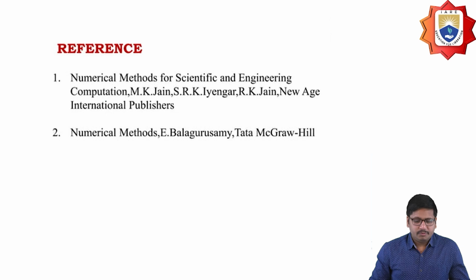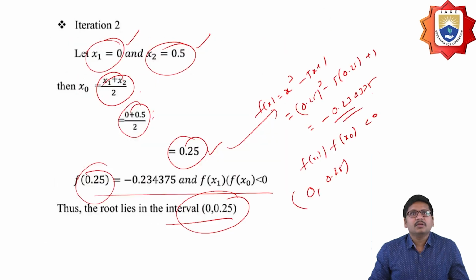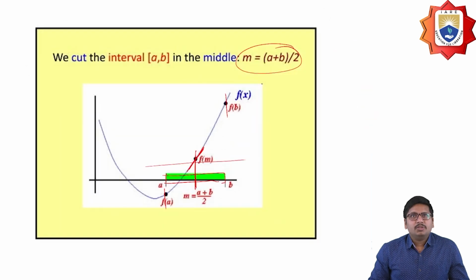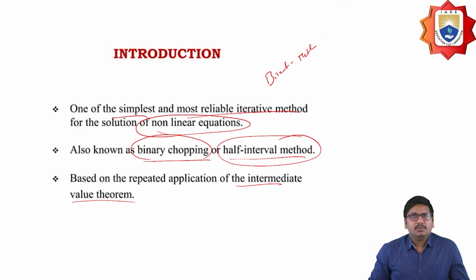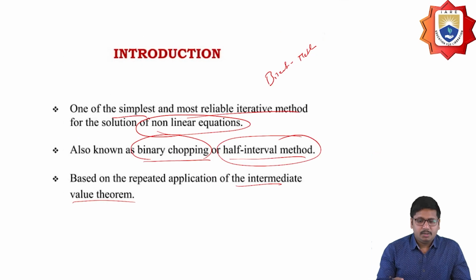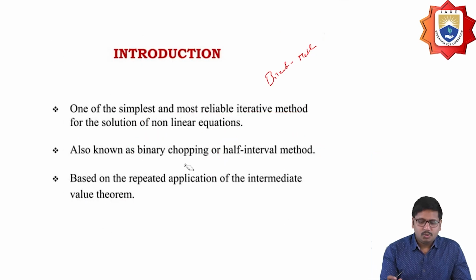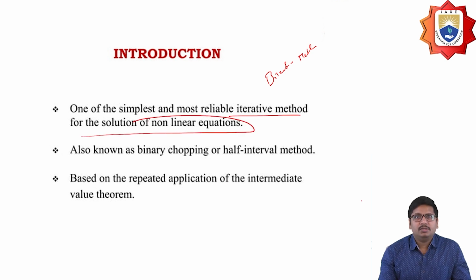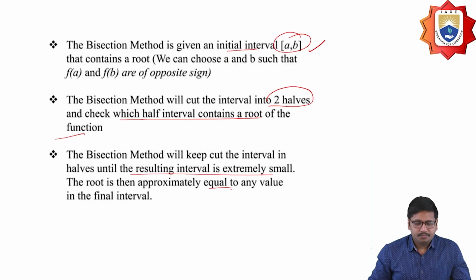And these are some of the references. So when it comes to this bisection method, this is one of the simplest and most reliable iterative methods for the solution of nonlinear equations. This method is also known as binary chopping and the half interval method, and is based on repeated application of the intermediate value theorem.